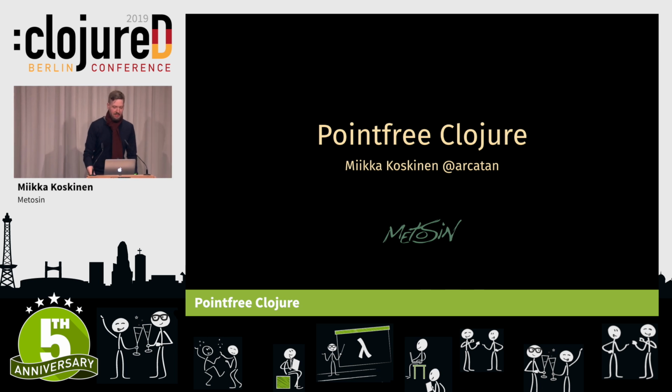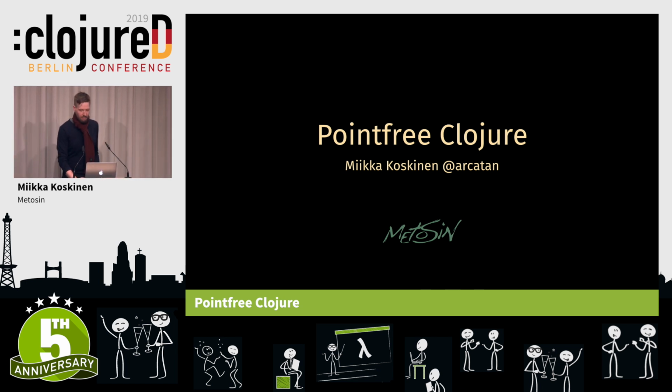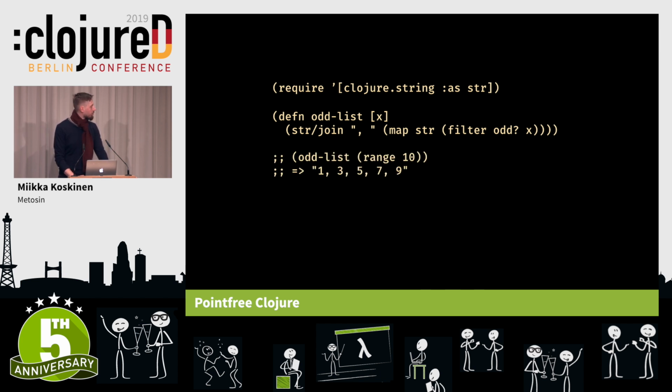Okay, hello. I'm going to show you quite a few code examples, so let's get started. Here's a pretty basic Clojure function. It takes a list of numbers and returns a comma-separated string with only the odd numbers in.